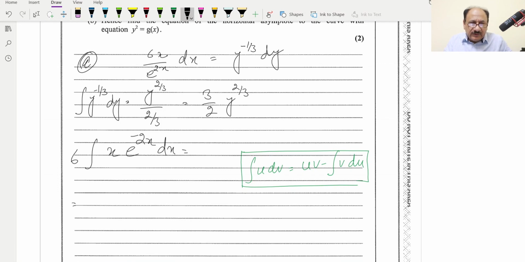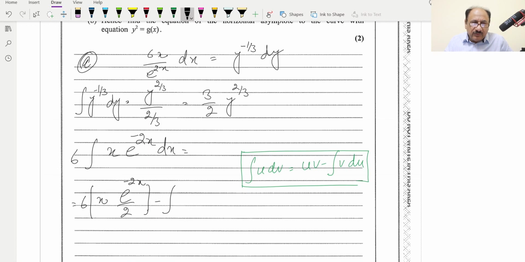If we apply this, it will be 6 as it is, and next we have x as it is, so I will put brackets and write x as it is, and the integral of this will be e raised to the power minus 2x over minus 2, and minus integral of, this is uv.